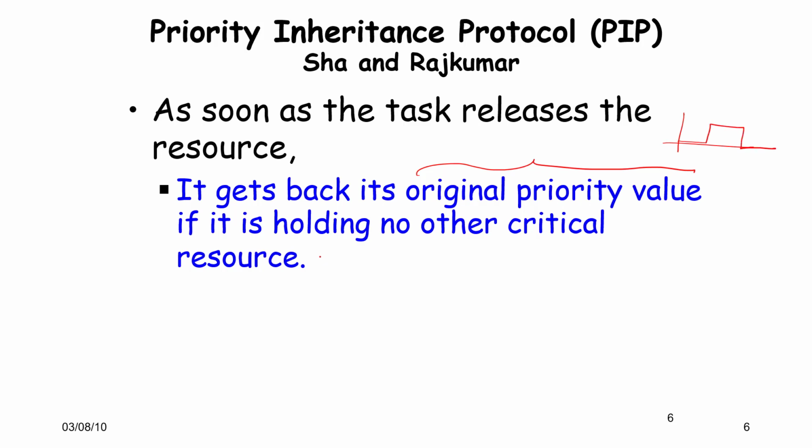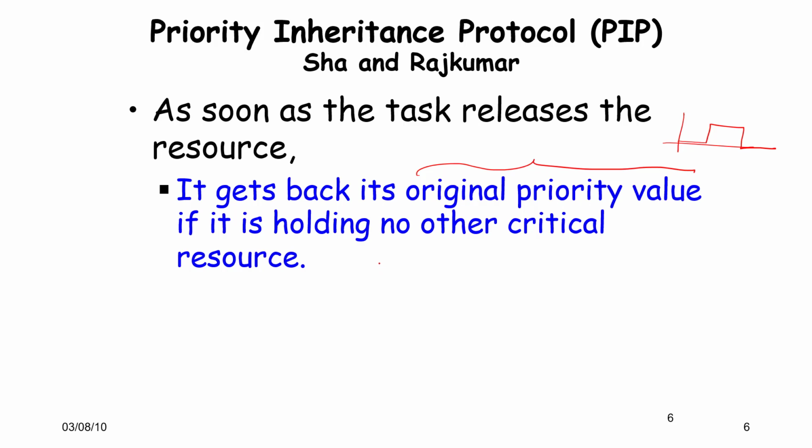Of course, if it is holding multiple resources, then the priority would be determined by the other resource that it is holding, right? The other resource would have another FIFO queue, and we'll have to take a look at the priorities of those processes in the FIFO queue of that other resource.